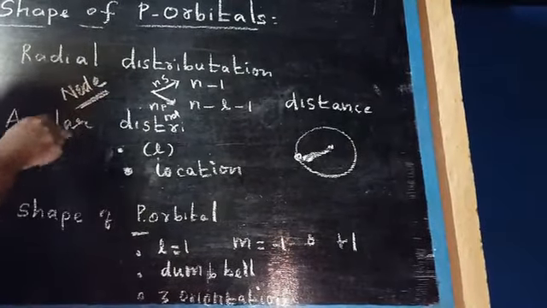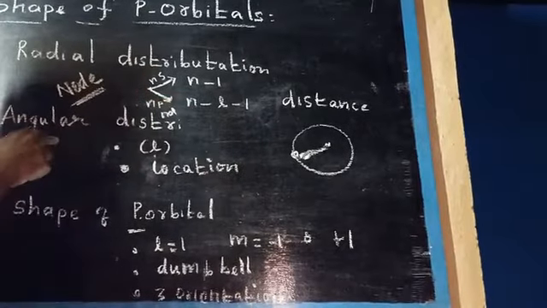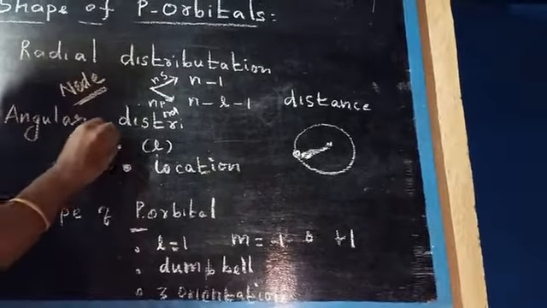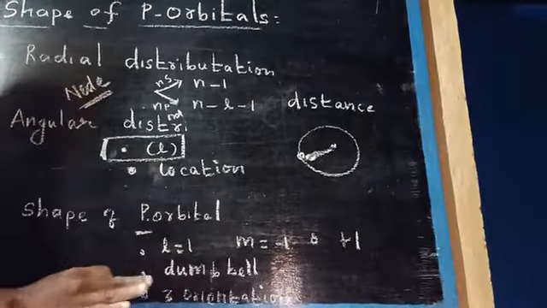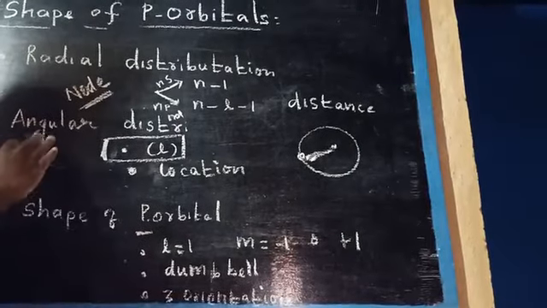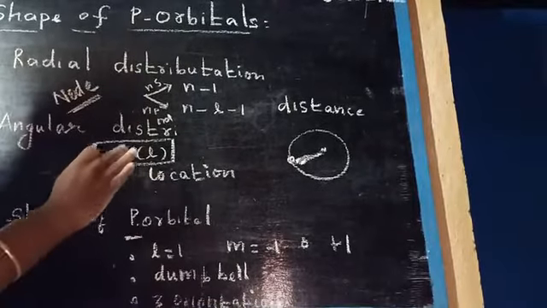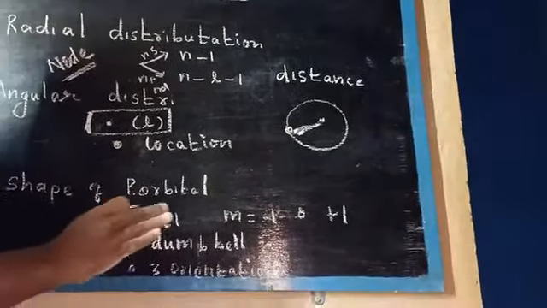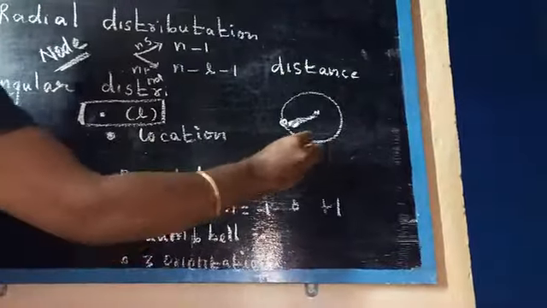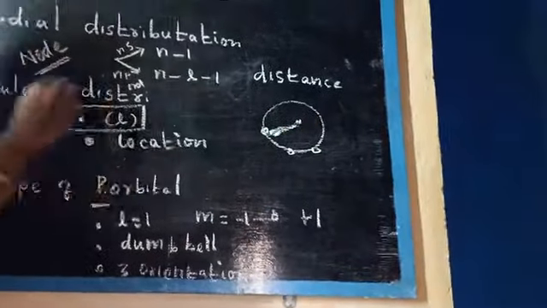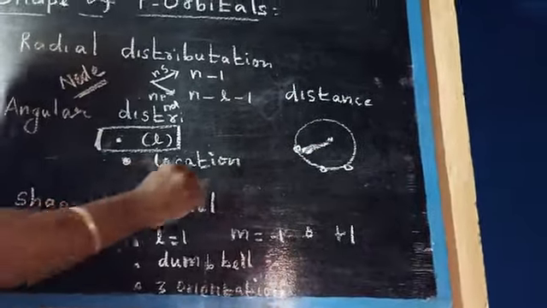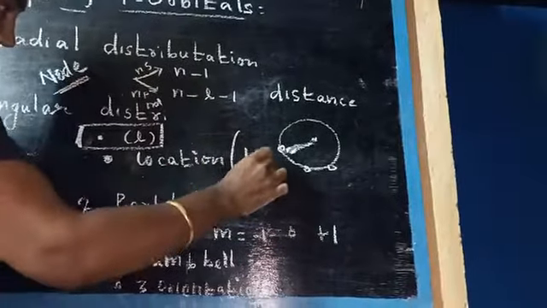Angular distribution depends on L, and it talks about the location of the electron: is it present here or here? Angular distribution is about location, and we use the word direction.